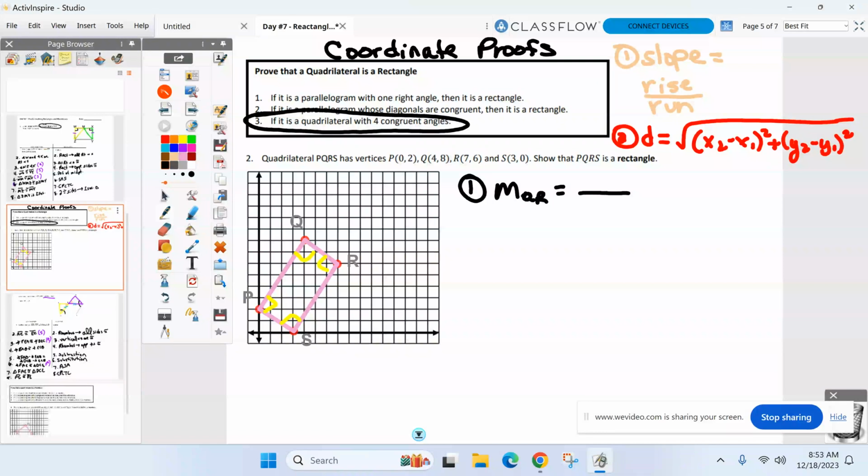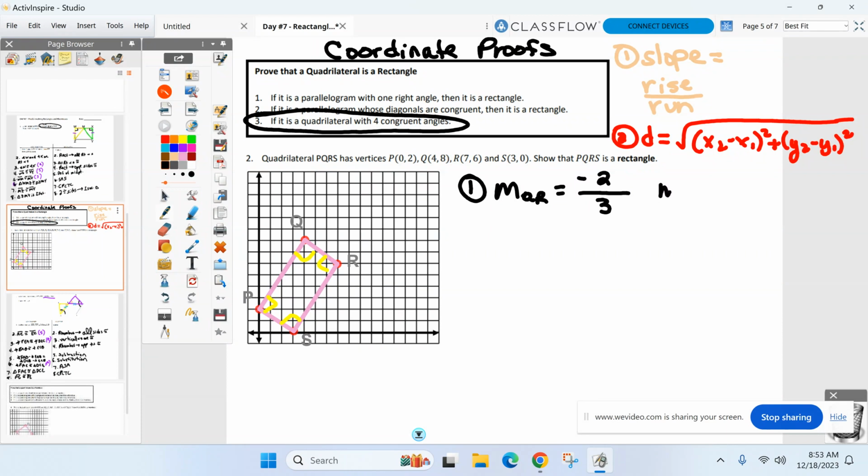You tell me. 2 over 3, right? Either way. Okay. 2 over 3, but I can't accept that because you guys have to notice, look where QR is going. Downhill. I should have put what here? This is a negative 2/3. Good. So negative 2/3. Keep finding the slopes so you guys can see the relationship.